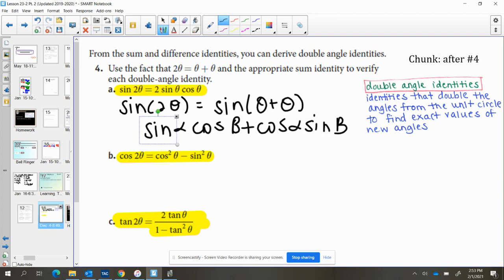And in this case, alpha and beta are our theta values, right? So both of these are being replaced with theta. Well, we have one sine cosine and then another officially sine cosine. Again, you can write that order reversed because it's multiplication. So officially we have 2 sine theta cosine theta to show that that worked out.